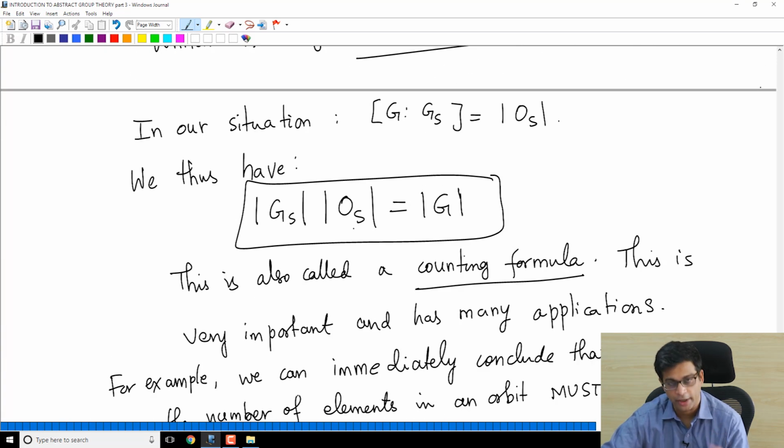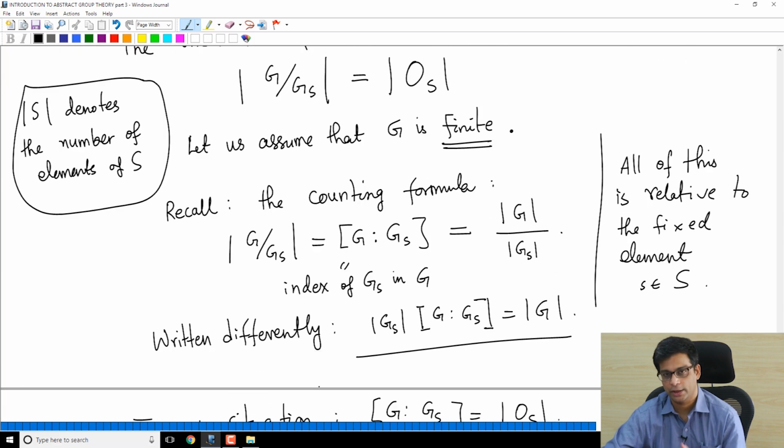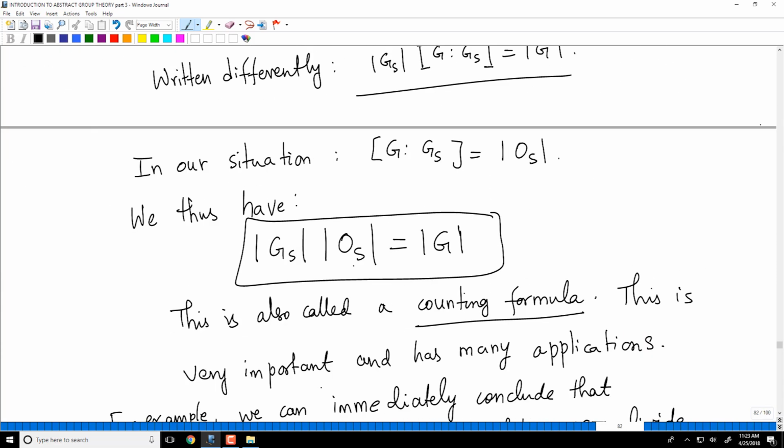So let me recall, we have made two observations in this video. One is that if G is a finite group acting on a set S, and you fix an element small s of capital S, that's very important, then the product of the order of the stabilizer and the order of the orbit is equal to the cardinality of the group itself.